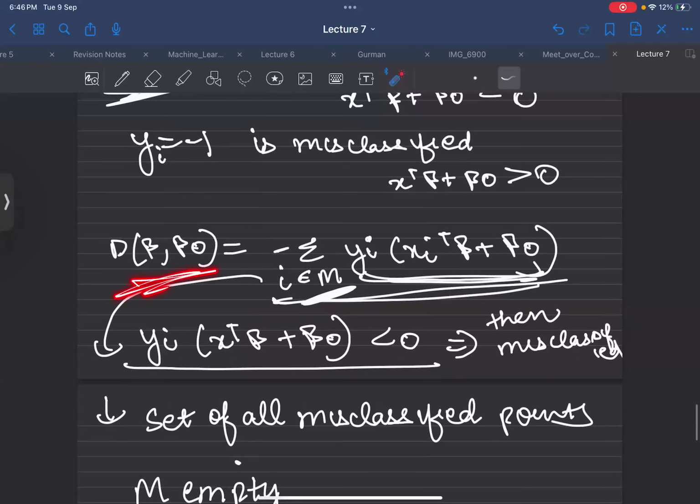It is possible that a data set might have wrong data. That is a different thing, that is the noise thing. But now I am saying my goal is to have M empty.